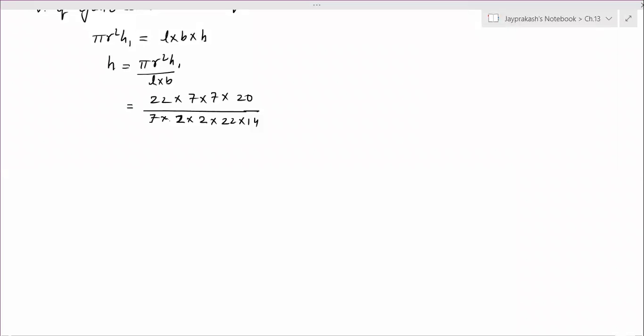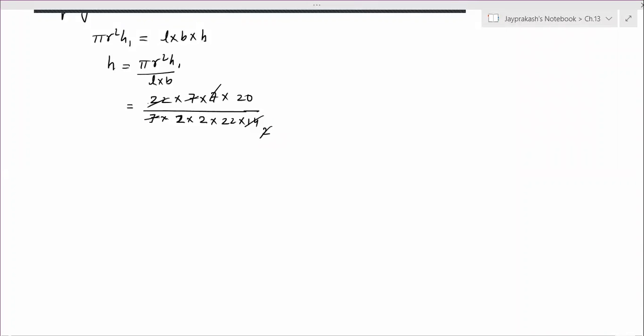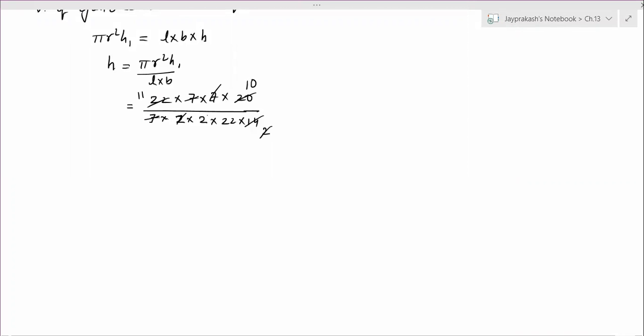So 22 by 7, radius 7 by 2, 7 by 2. Now 7 7 cancel, and 7 2s are 14, 2 11s are 22, and on this side 2 10s are 20, 2 5s are 10.